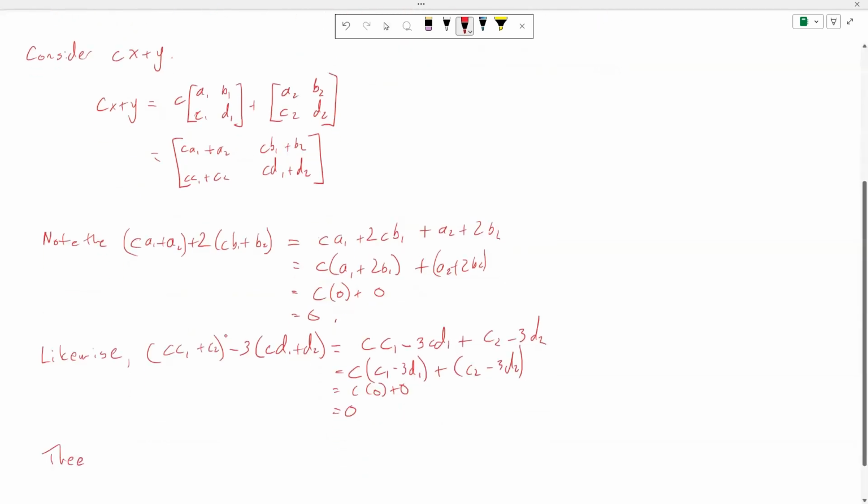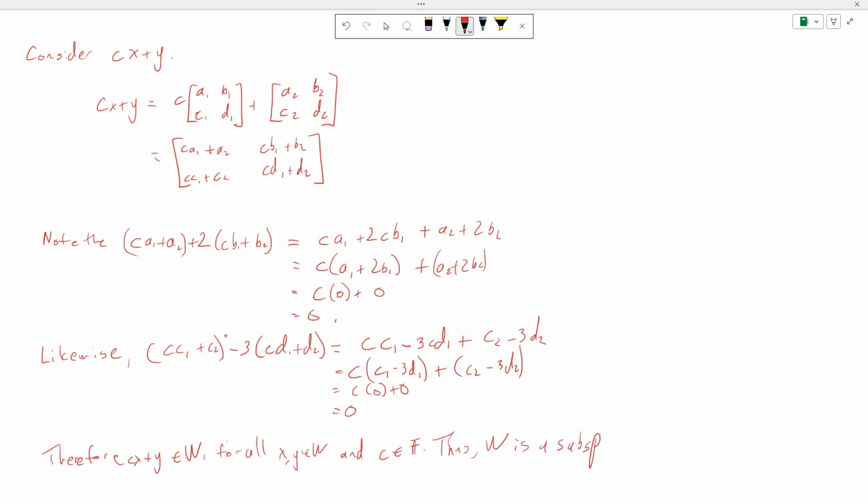Therefore, cx plus y is in W for all x, y in W and c in F. Thus, W is a subspace.